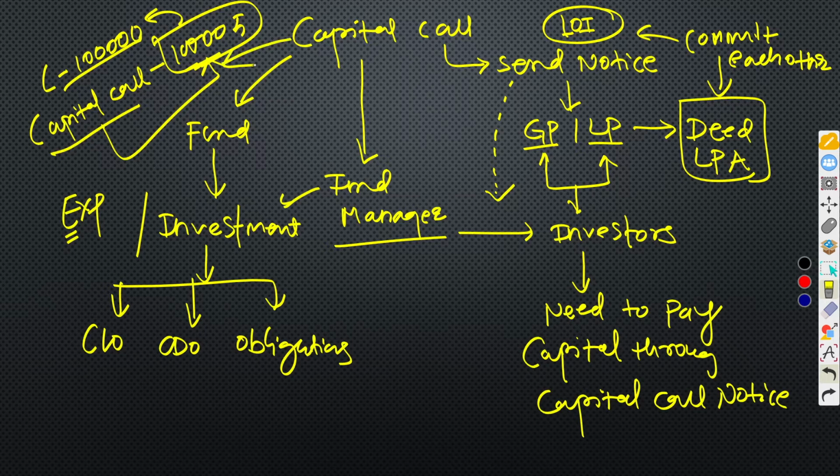And once the fund manager receives that fund, the fund manager invests it in CLO, CDO, obligations, ABS, MBS, swaps, equity, bonds, and any other financial obligations, even distressed bonds or junk bonds.